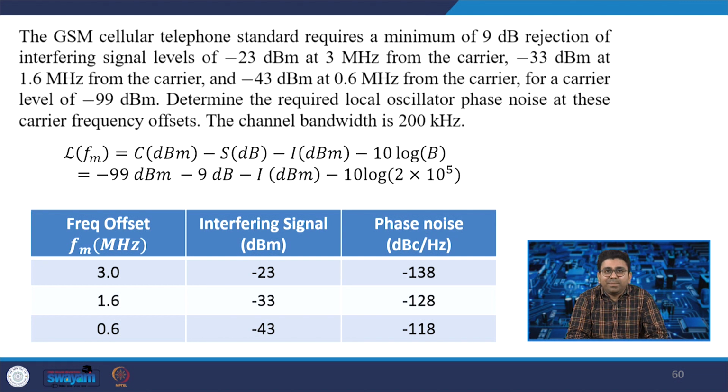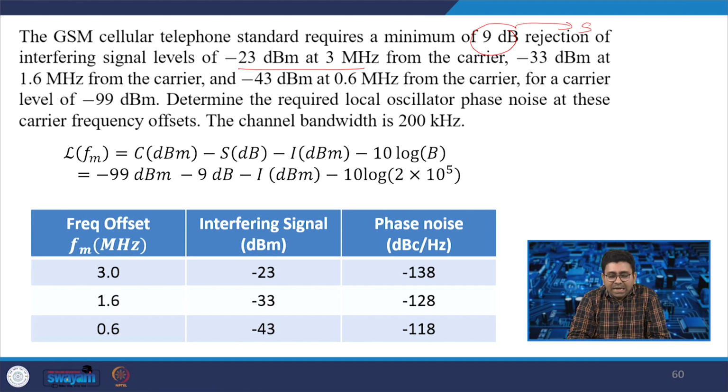In this example, the GSM cellular telephone standard requires a minimum of 9 dB of rejection of an interfering signal level of minus 23 dBm at 3 megahertz. So what we want is a minimum 9 dB rejection, which is nothing but S in that equation.